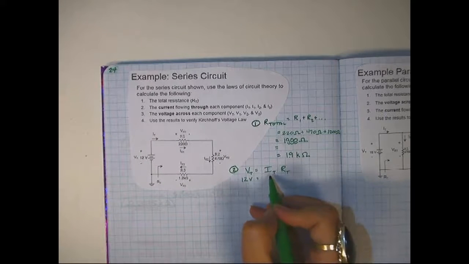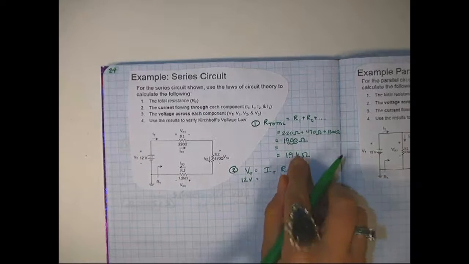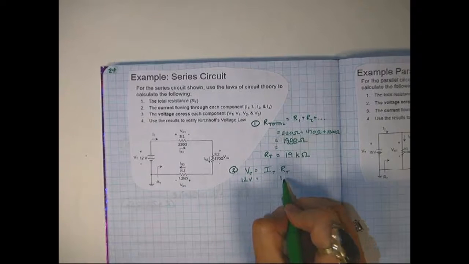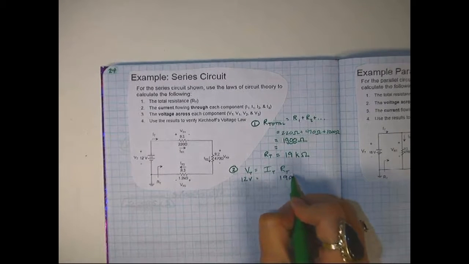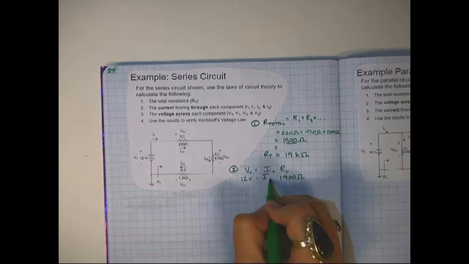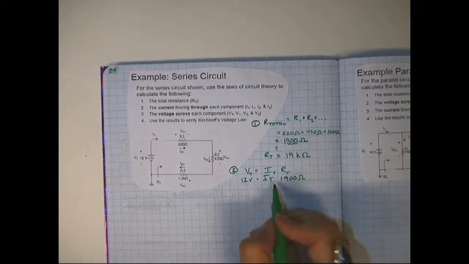I'm looking for the total current. In part 2, I'm looking for current. And I know the total resistance because we just found it here. So I'm going to put that in right here. And I do need to change it back to just use the regular ohms part. And I'm going to find the total current. Go ahead. Which one do you divide by? Basic algebra.